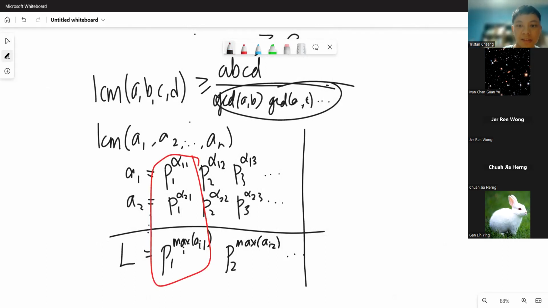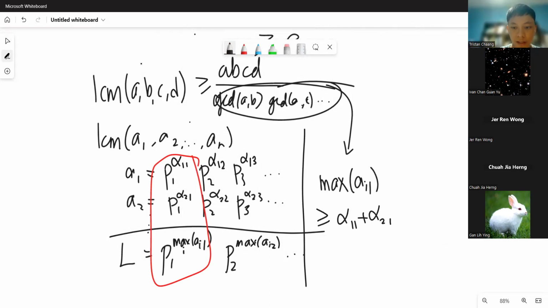In other words, this says the VP of the maximum of AI1 is greater than or equal to A11 plus A21 plus dot dot dot plus AM1 minus the pairwise GCD.